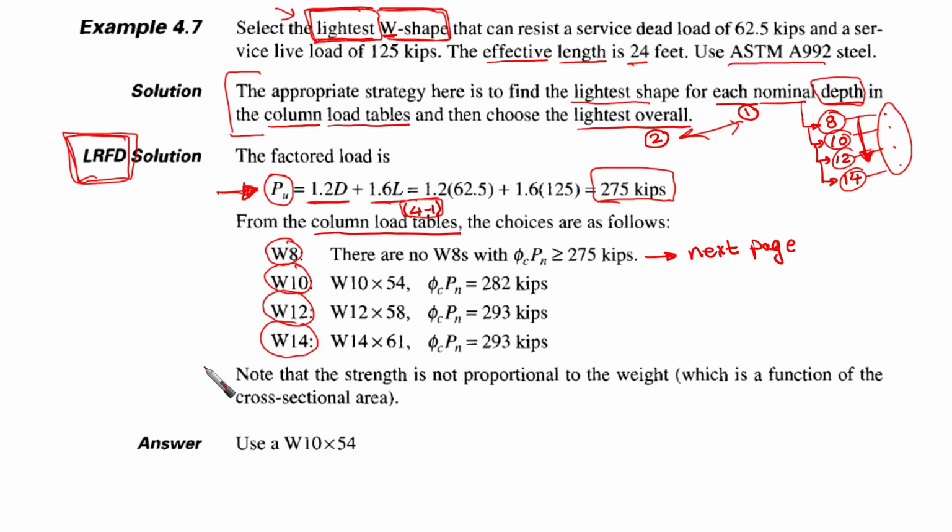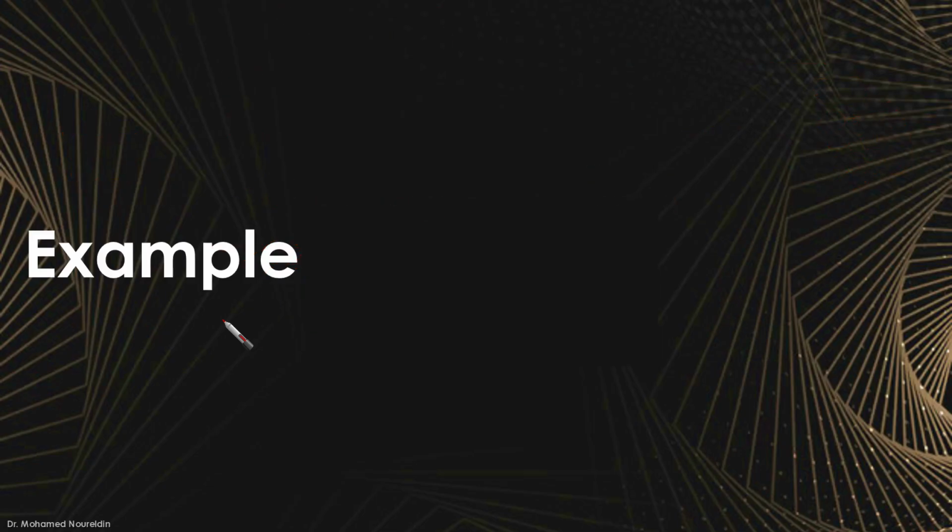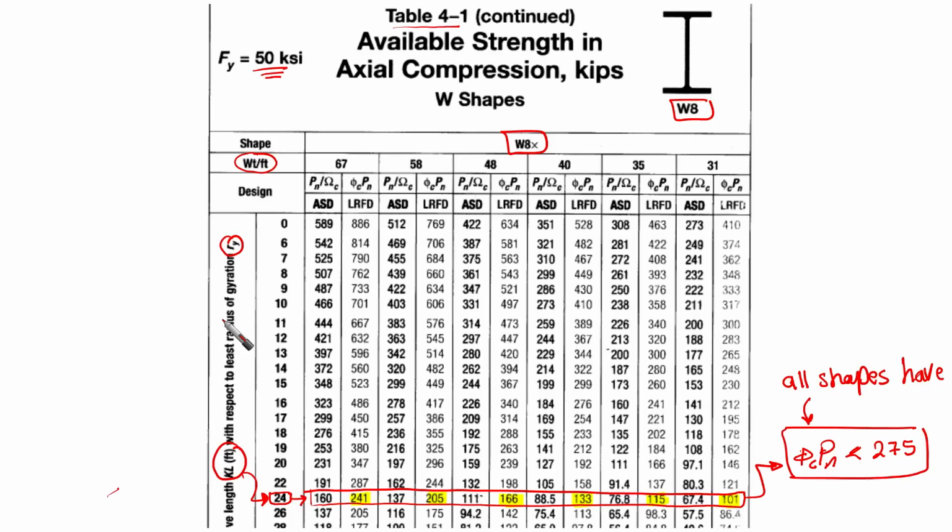Then we're going to investigate first the wide flange with the nominal depth of 8. Sorry, so here, this is Table 4-1, which is the available strengths table for 50 ksi wide flanges, and the nominal depth 8 is given already for us.